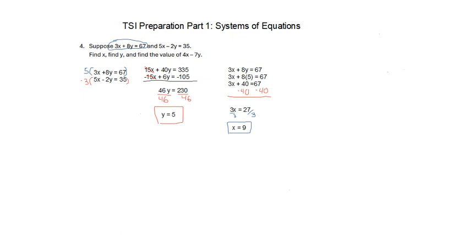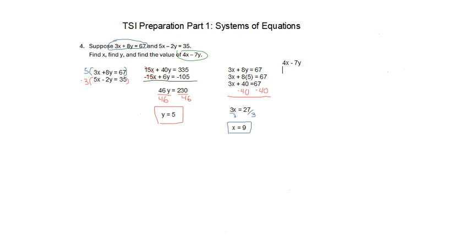Now that we know this, we can answer anything we want. And we are interested in answering 4x minus 7y. So let's take a look. We know x is 9 and y is 5.